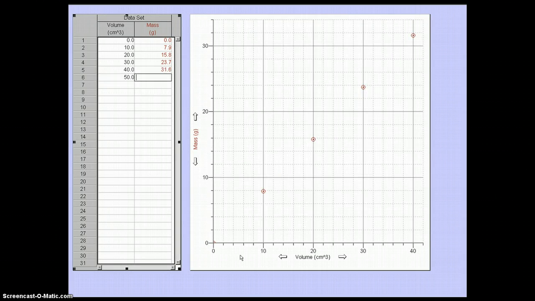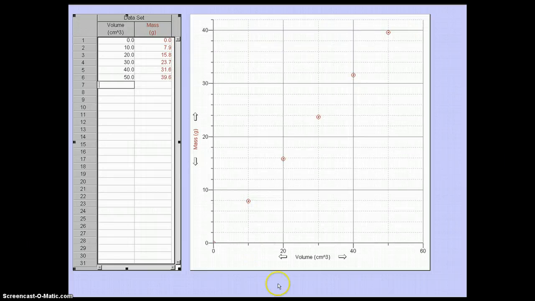And at 50 centimeters cubed, I've got a mass of 39.6. All right. So there we go.